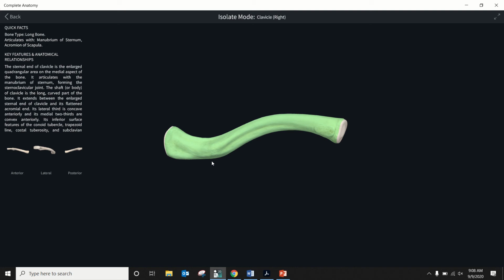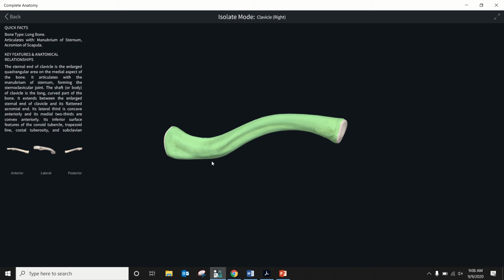Coracoclavicular: C-O-R-A-C-O-C-L-A-V-I-C-U-L-A-R.